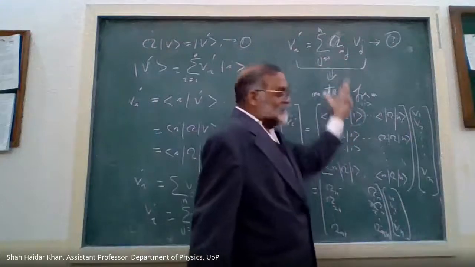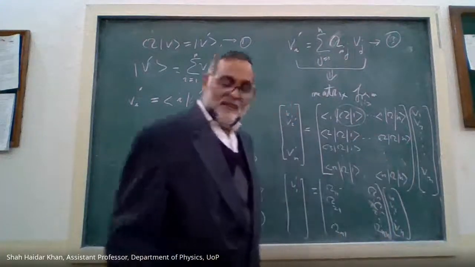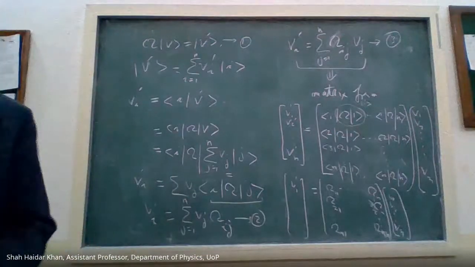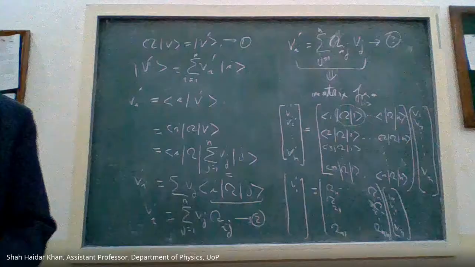So this equation can be represented by this matrix equation. This is how we represent an operator. So this is the operator matrix, and this is how we get the new vector by applying an operator on the old vector. Hopefully we will do some more work on it, and it will be explained more.